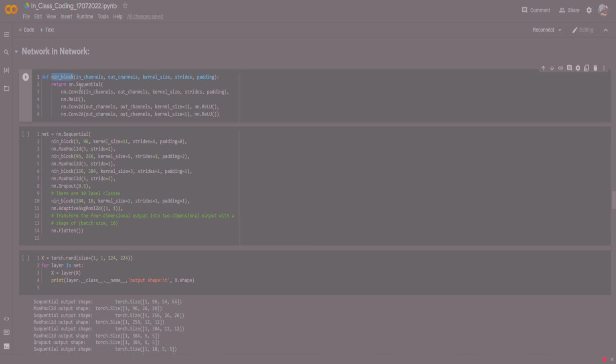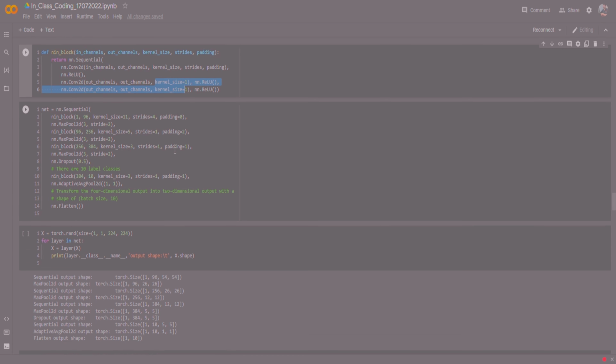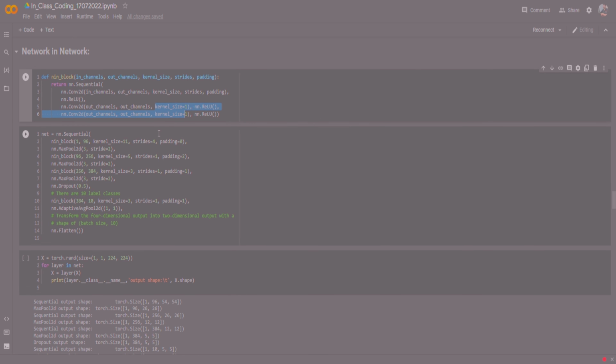There is a normal convolution 2D, then convolution 2D with kernel size fixed to 1 for both of them, because that's what the fundamental NIN block looks like in the architecture, right? Then you can use these NIN blocks many times to create your final structure.